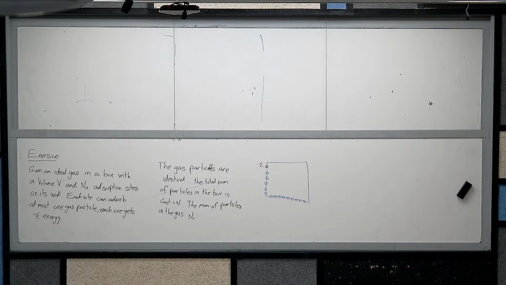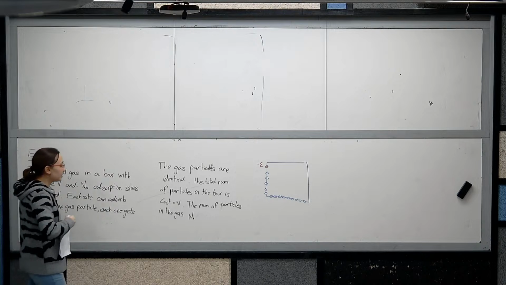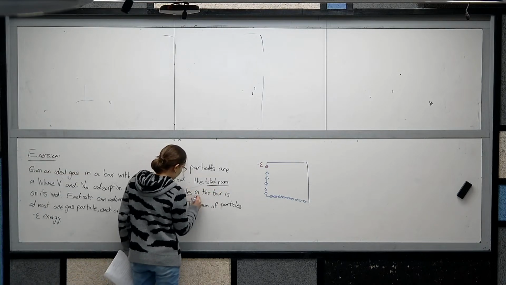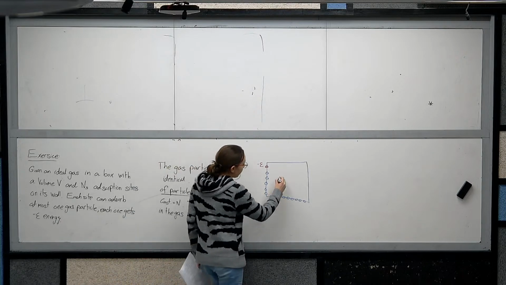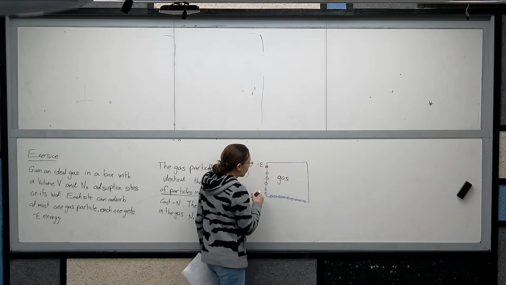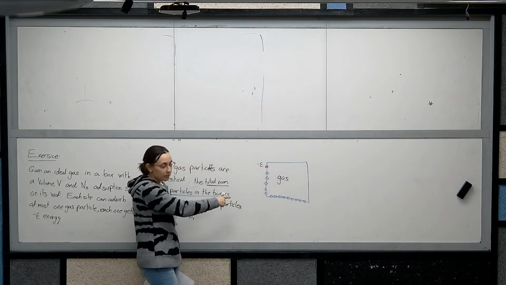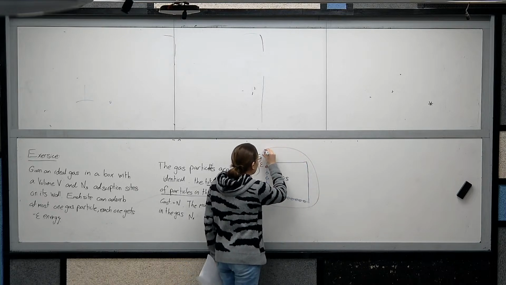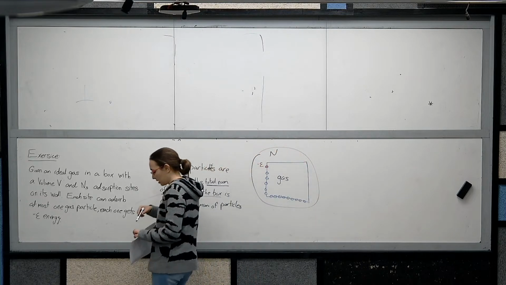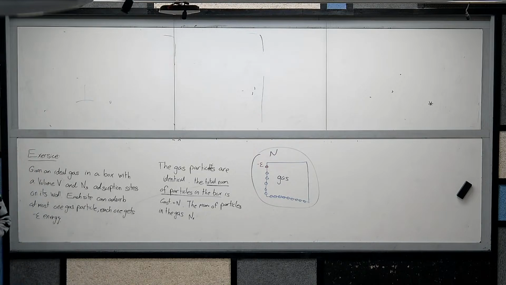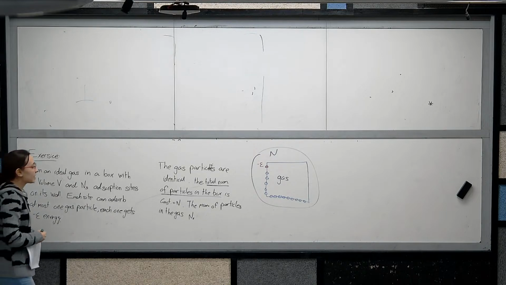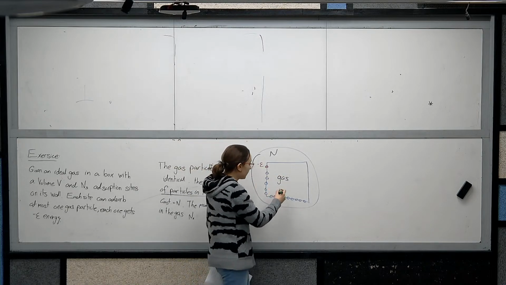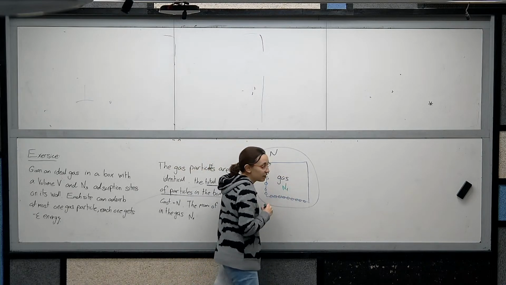And the total number of particles in the box, meaning the gas particles and the adsorption sites particles, equals n. So all the particles in the system is n, and the particles in the gas that are not absorbed is n1, only in the gas.